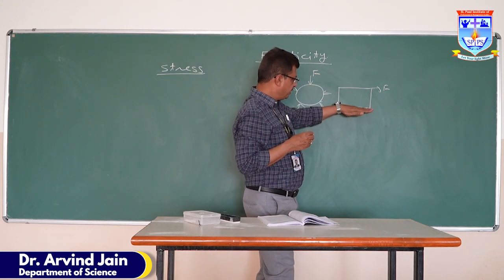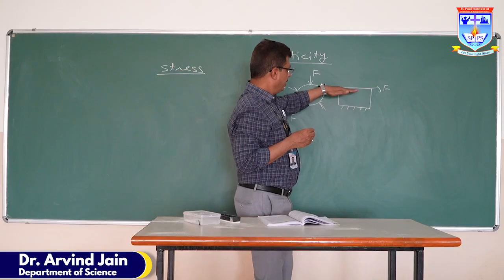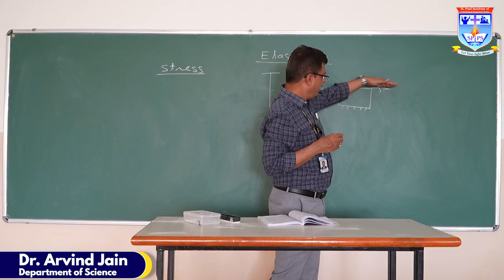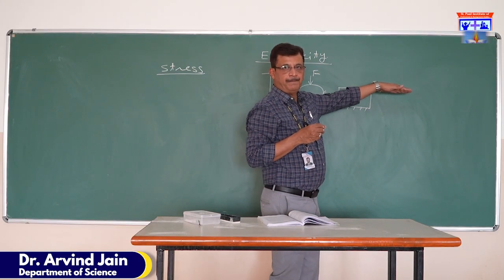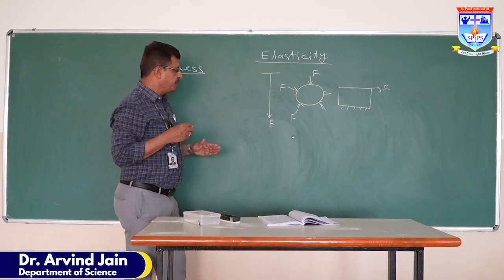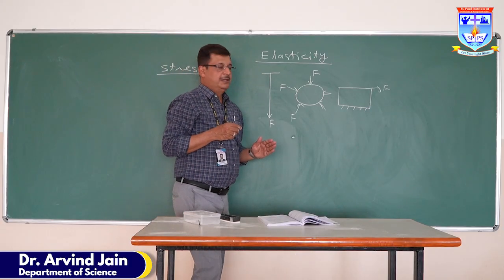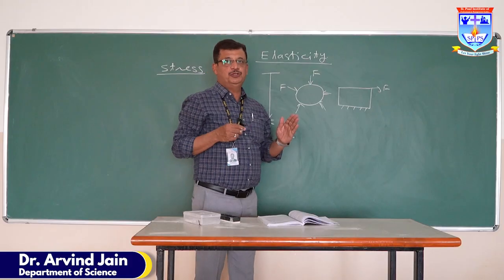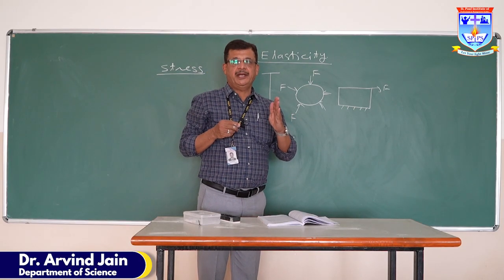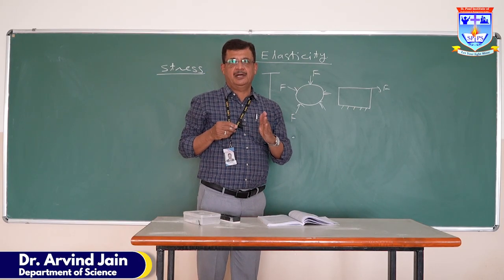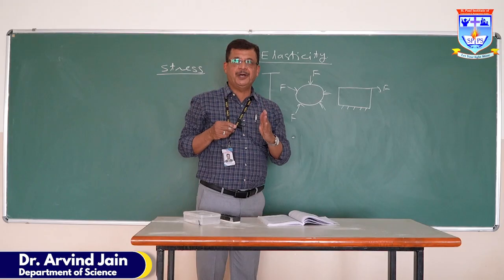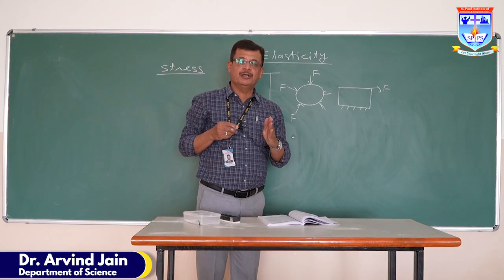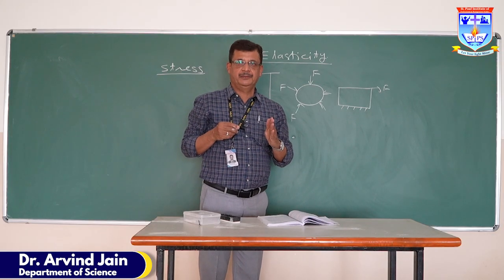Here the lower surface is fixed and tangential force is applied on the opposite face. So the property of a substance by which the body tends to oppose the change in shape or size of the body is called elasticity.